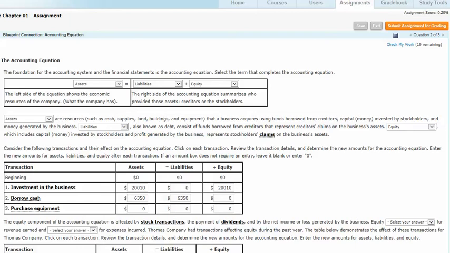Things will increase on the left side with a debit. Things will increase on the right side with a credit. If we debit a liability, it's going to decrease it. So if it's on the right side of the accounting equation, it increases with a credit and decreases with a debit. If it's on the left side of the accounting equation, it's going to increase with a debit and decrease with a credit.